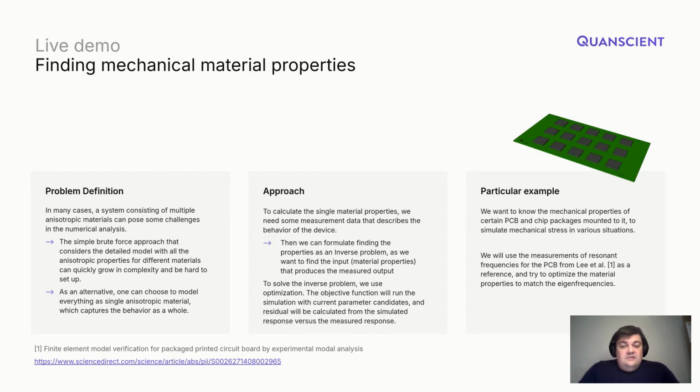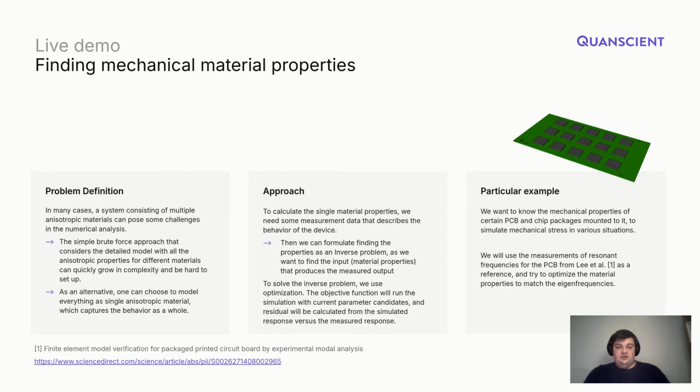That is easily done with an optimization loop. In our particular example, we will optimize the PCB and some packages on the PCB material parameters based on measurements done in a paper by Lee et al., where we basically replicated what they did as an example of what you can do.